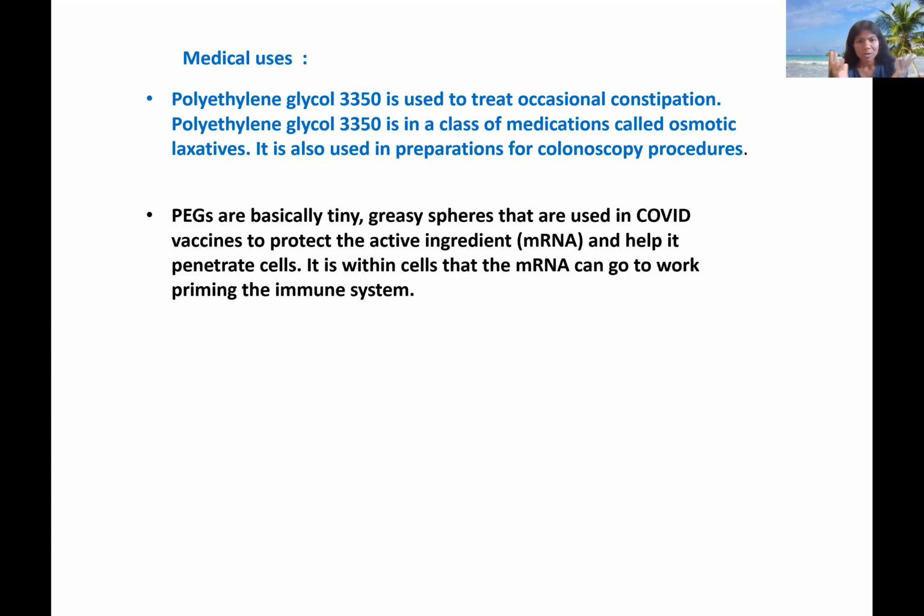I have used it in my lab, it is a gum-like substance. It protects the mRNA, like making a sphere on top of it, and it also helps penetrate the cell walls so that the mRNA can go within the cells and instruct the immune system to make the spike protein. So this is the role of PEG in this Pfizer vaccine.